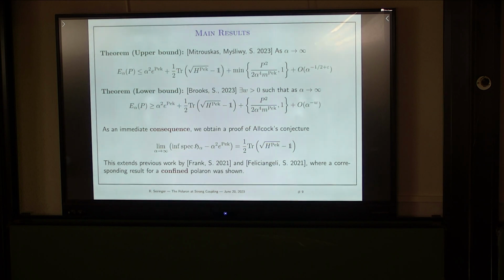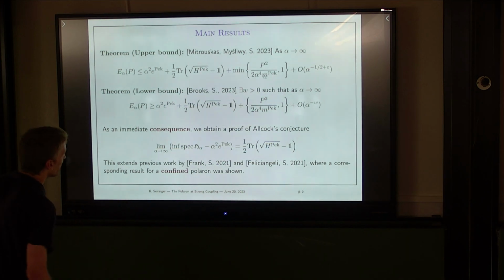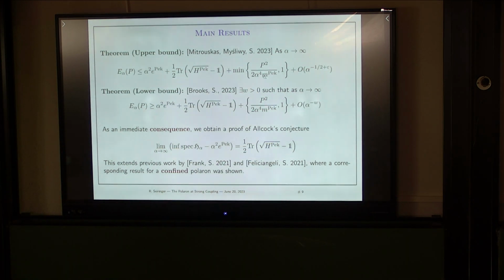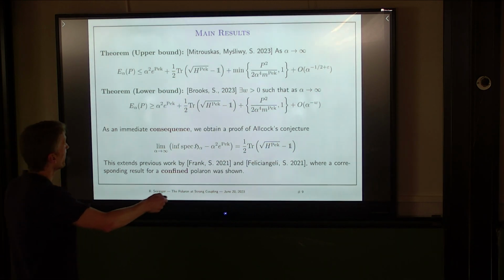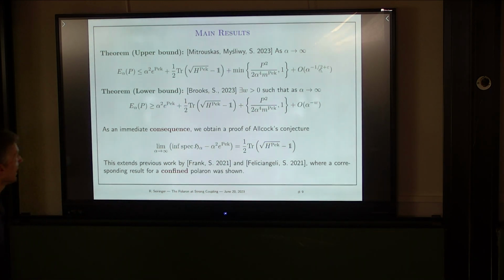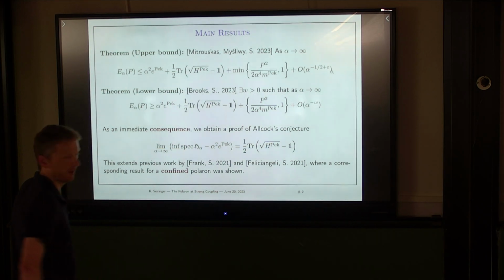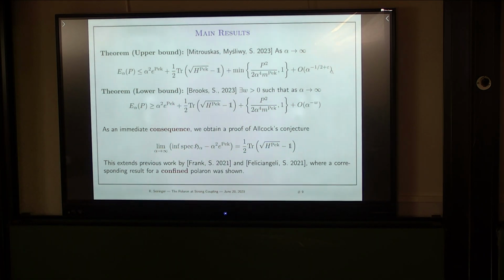It's the minimum of two things: namely 1, simply the gap to the essential spectrum, and the parabola, which is p squared over 2 alpha to the 4th times this prediction, the Landau-Pekar mass. The upper bound is uniform in the momentum, but with an error term that vanishes as alpha goes to infinity. In fact, the bound we got was basically alpha to the minus a half up to arbitrarily small epsilon.